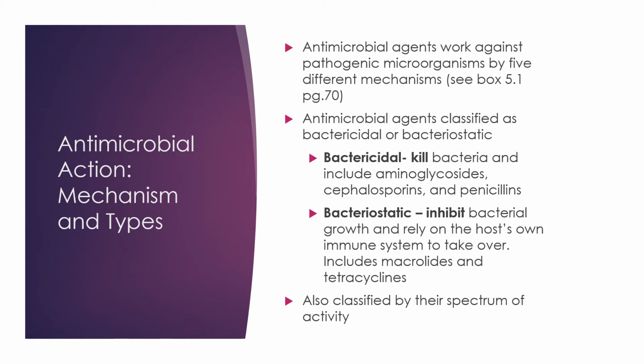And the bacteriostatic agents inhibit bacterial growth, and then they rely on the host's own immune system to take over from there. And this includes our macrolides and our tetracyclines. They can also be classified by their spectrum of activity, which we went over: the broad, limited, and narrow.